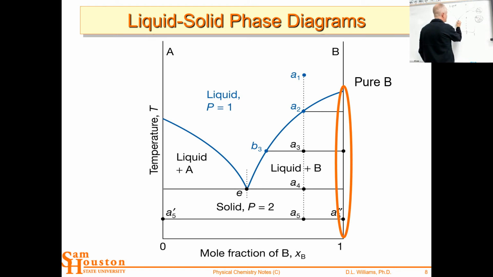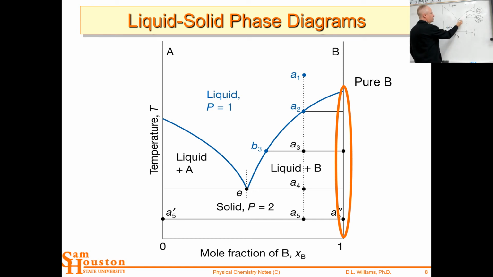But you see that A is getting more concentrated in the liquid. And once we hit the eutectic, once we hit the eutectic, we start to form some A over here.